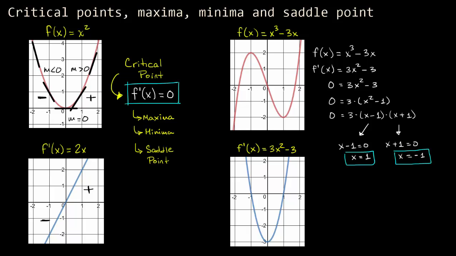Looking at the graphs, we got this x equal to negative 1. We can pretty much see through the graph that before the negative 1, if we sketch any number of tangent lines here, we have positive tangent lines, they're increasing.